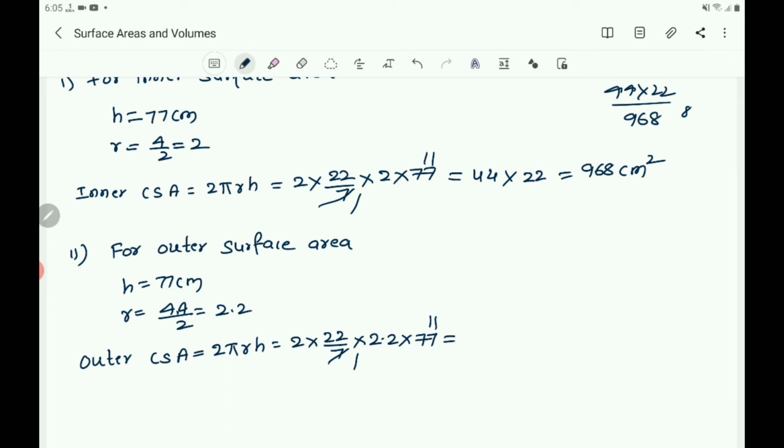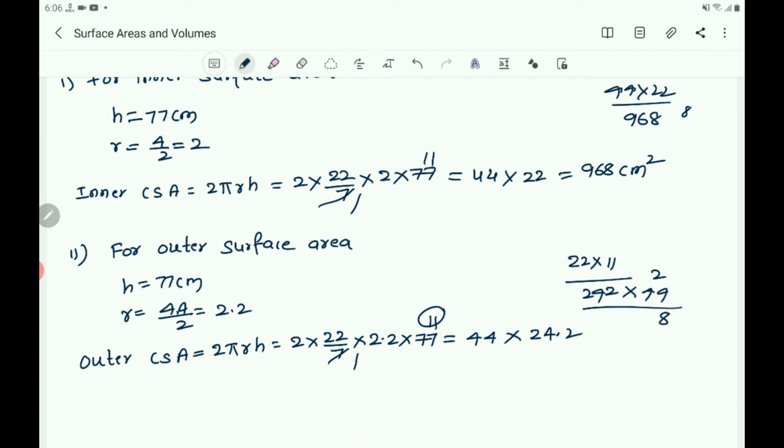Then you will get again 2 22s are 44, 44 into 2.2 into 11. 11 2s are 22, 22 plus 2 is 24, then it is 24.2. The product of this and this, then you will get into 44.